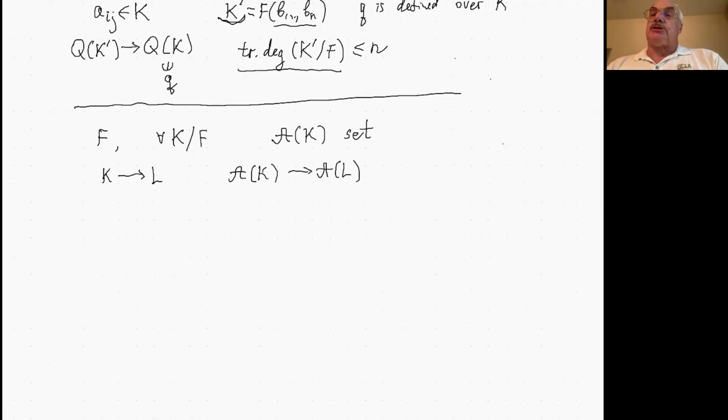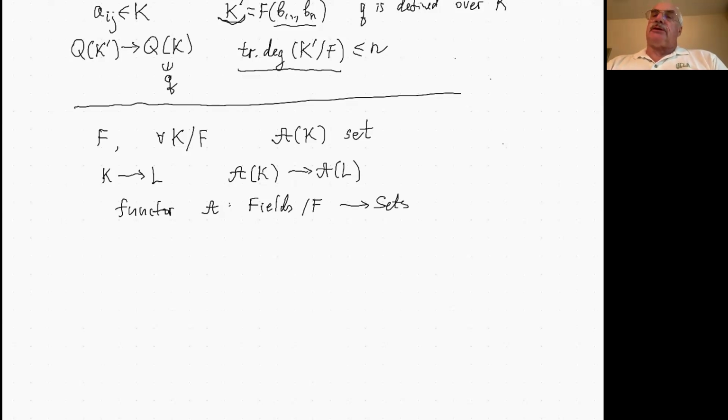Well, such a structure in algebra is known as a functor A from the category of field extensions over F to the category of sets. But we will call A an algebraic structure, a class of algebraic objects.